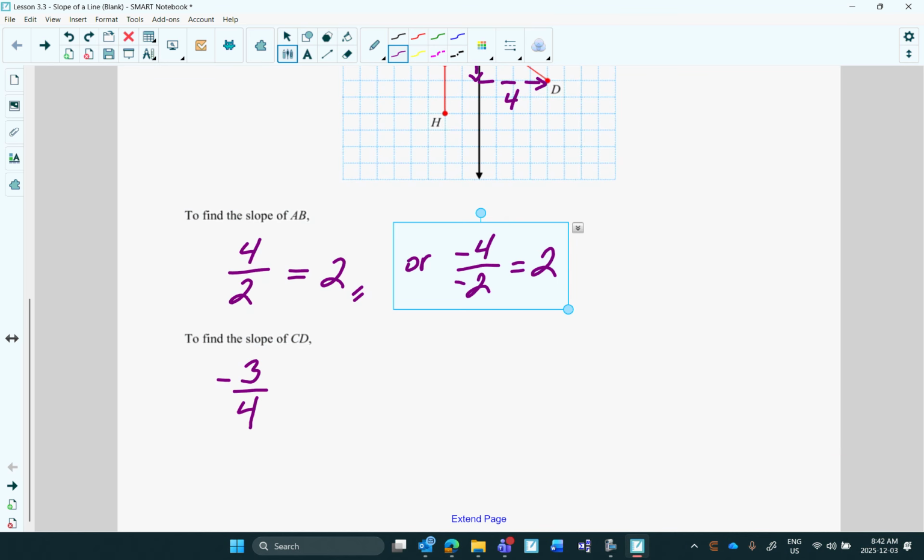And you can just leave it as a fraction. Just make sure it's reduced. I mean, I suppose you could change it to -0.75, but you don't need to. Okay, so that's it. So notice that if a line climbs to the right, its slope is positive. If it falls to the right, its slope is negative.